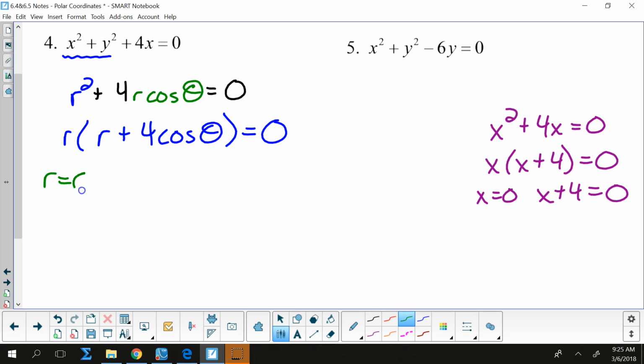r equals 0 and r plus 4 cosine theta equals 0. Now, let's chat about those two. r equals 0. What is that in the polar world?